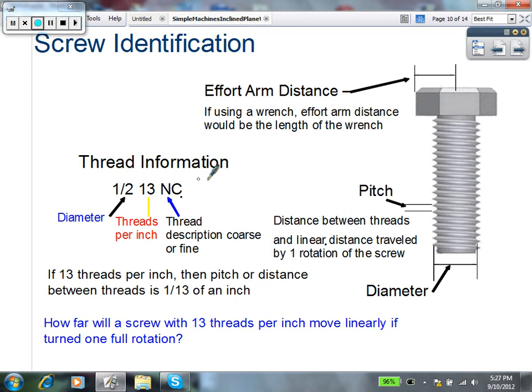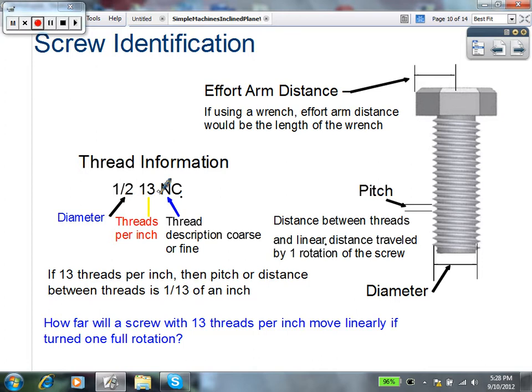Okay, now there's a lot involved in identifying your screw. So let's first look at the thread information. Your thread is defined by 3 different categories, and you'll see this if you ever go to Home Depot and look at the bins of screws. They're all classified by, first, the diameter. That is, if you took some calipers and measured across, the diameter of the screw itself.